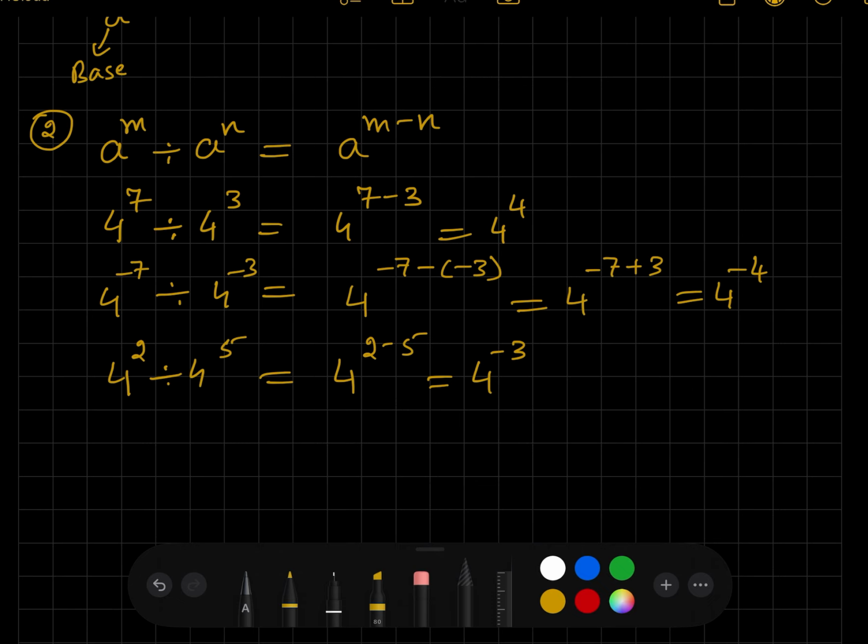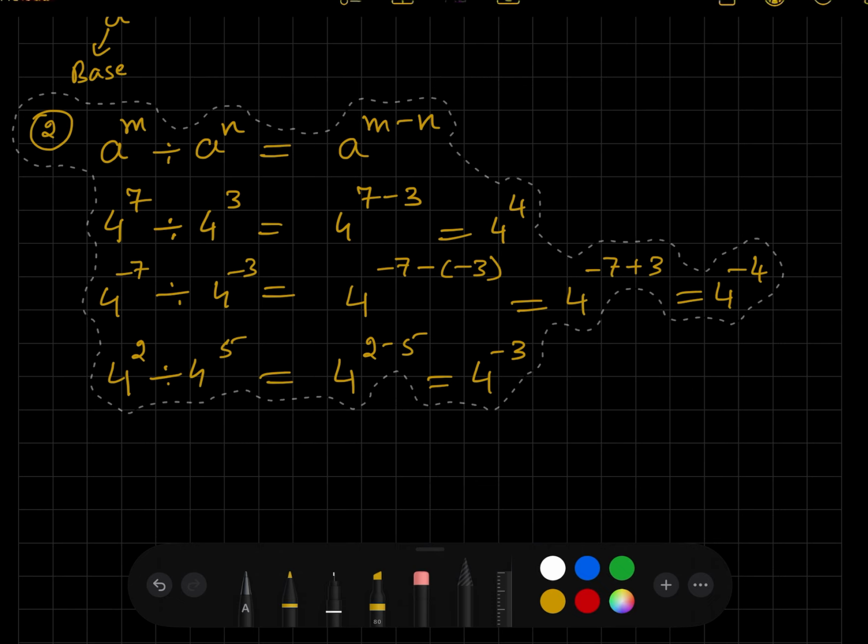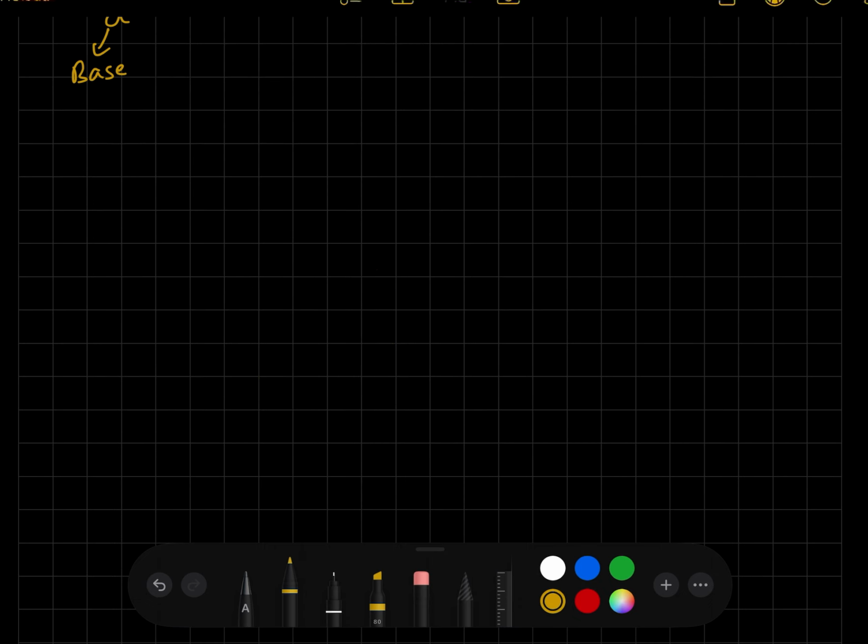Now coming to the next rule for indices, the third one. The previous ones were for when two are multiplied or divided. Now the next rule is when any index is raised to any other index.